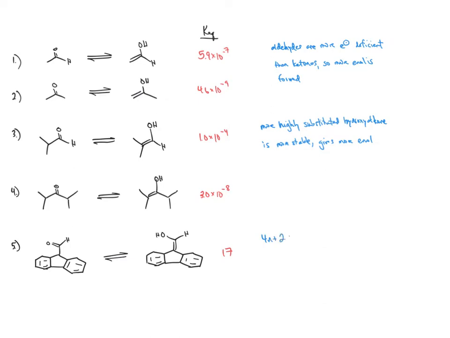So 4n plus 2 here is 14 pi electrons, which is aromatic. All right, you can draw a resonance form for this enol in which you place the negative charge on that central carbon atom. And when you do that, you'll have an aromatic system. Right? You'll have 14 pi electrons.